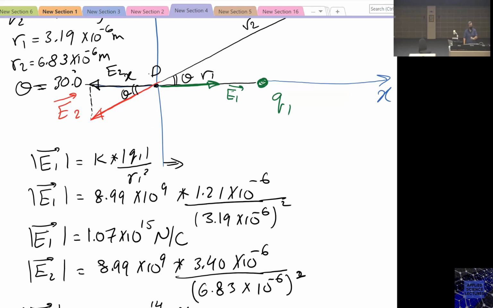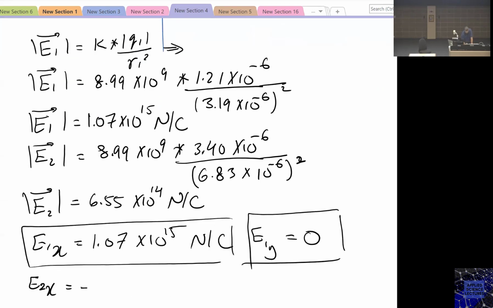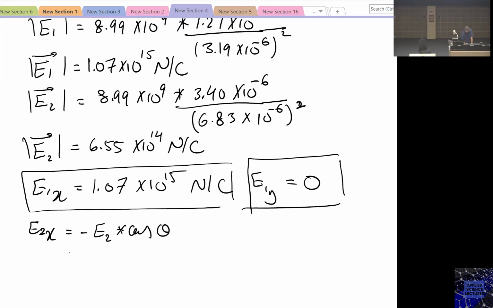That's why I found it here as a negative, and I will add it to the E1x. So E2x here is minus E2 cosine theta, which is minus, I'll put the answer right away, 5.67 10 to the power 14 newtons per coulomb.